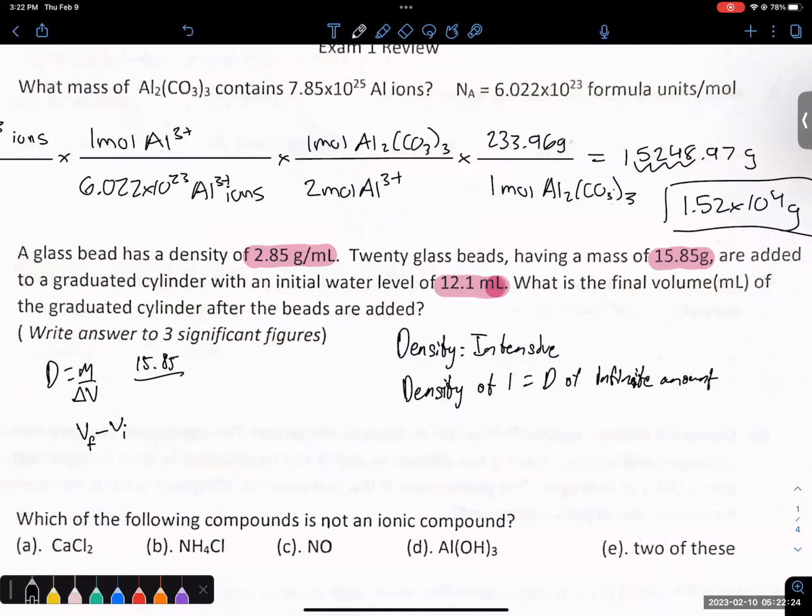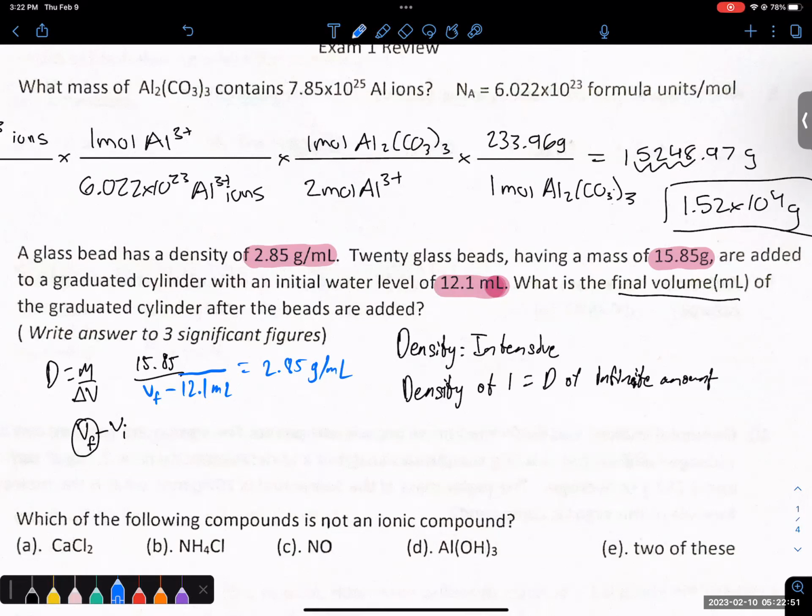In this case, we want to know the final volume, so we're solving for V final. So we do V final, which is what we're solving for, minus the initial water level of 12.1 milliliters. And then the density of one is the density of everything, so it'll be 2.85 grams per milliliter. That would not change.